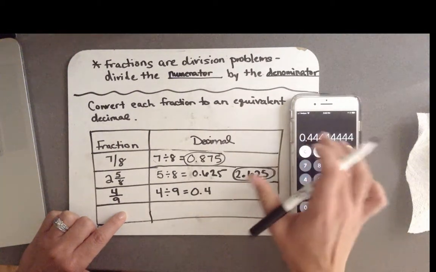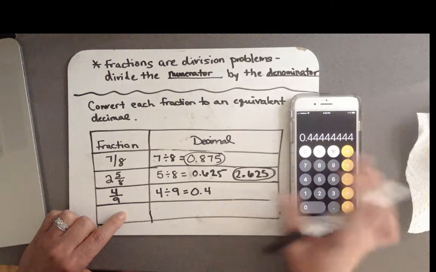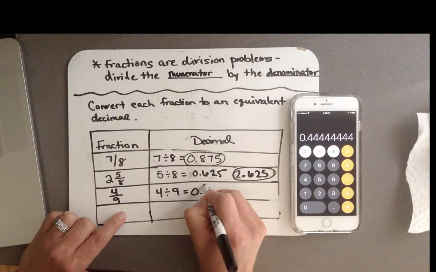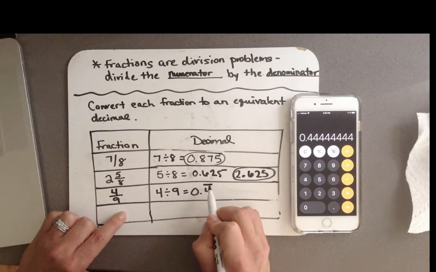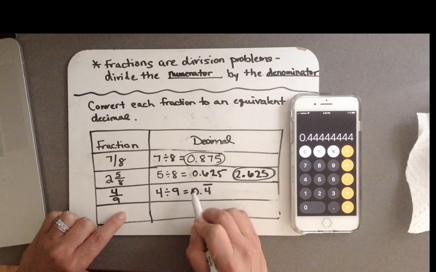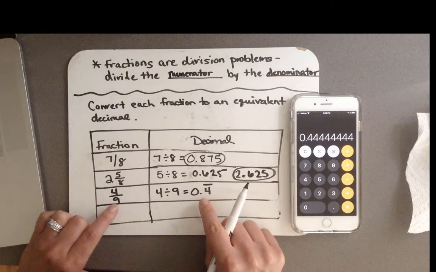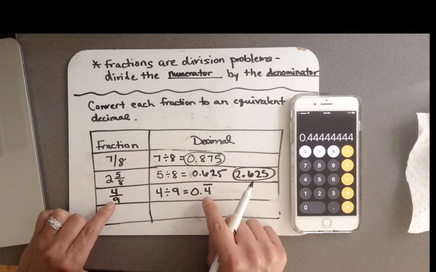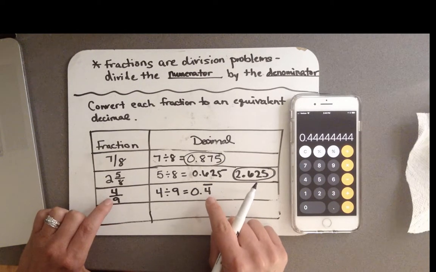What digit repeats in this problem? Just the 4, right? So we can use a notation bar. That's a notation bar to show that this digit is what repeats in this decimal. And these two, this fraction and this decimal, are equivalent. 0.4 repeating is the same as 4/9.